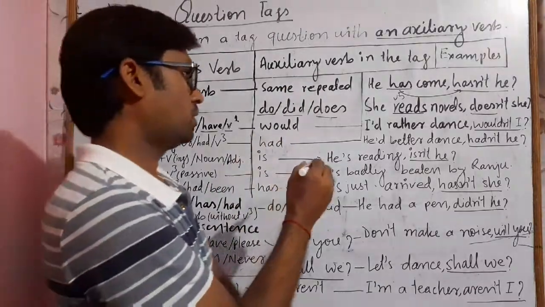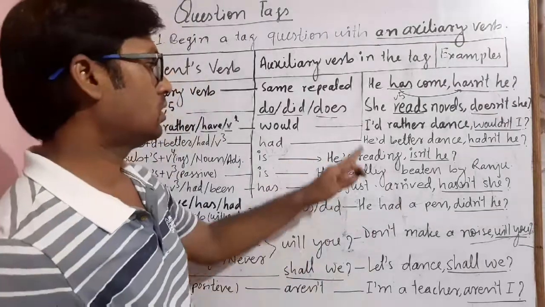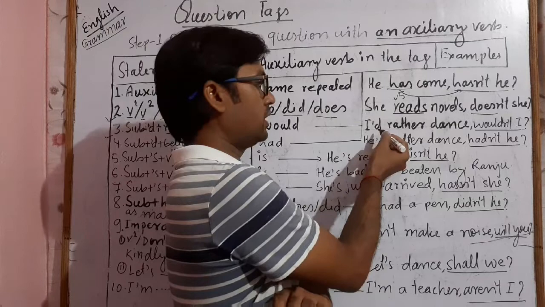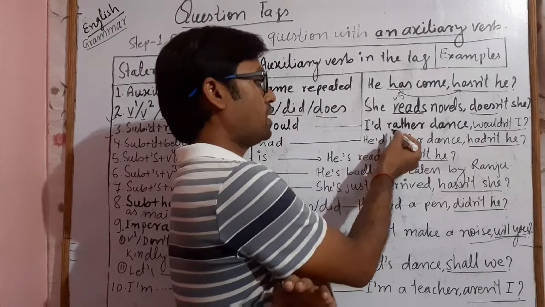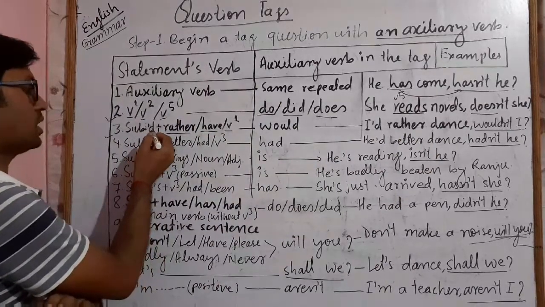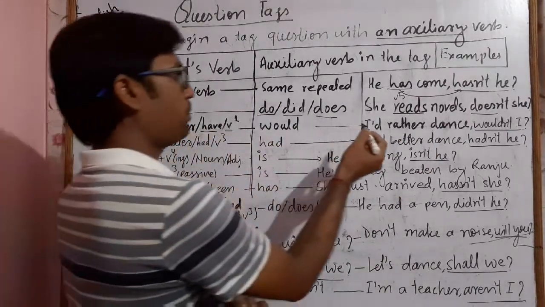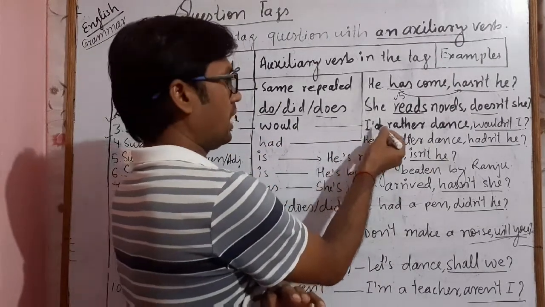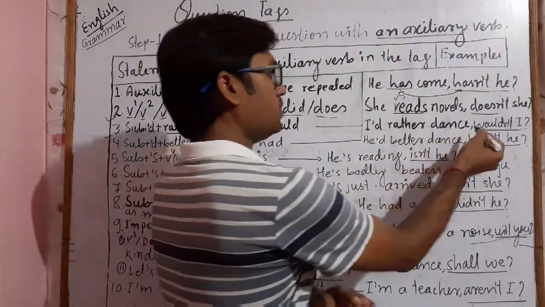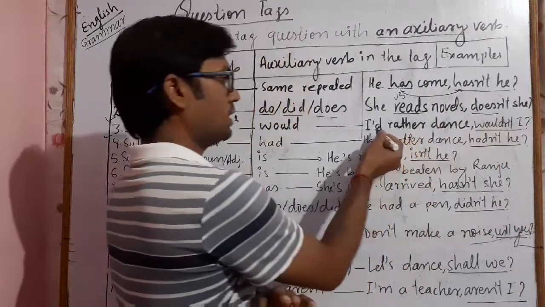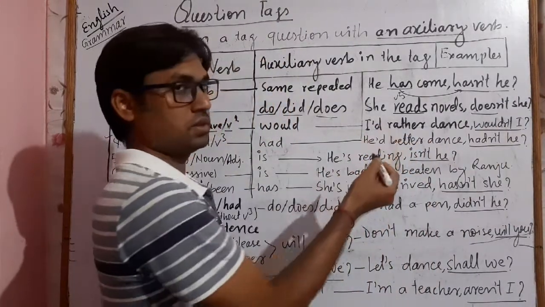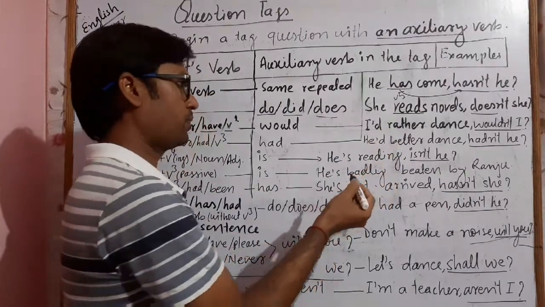Would. It will be clearer with the example: I'd rather dance, wouldn't I? Here the pronunciation is would, not had.